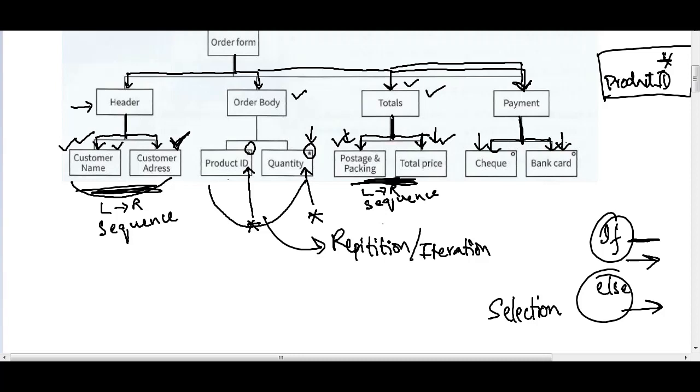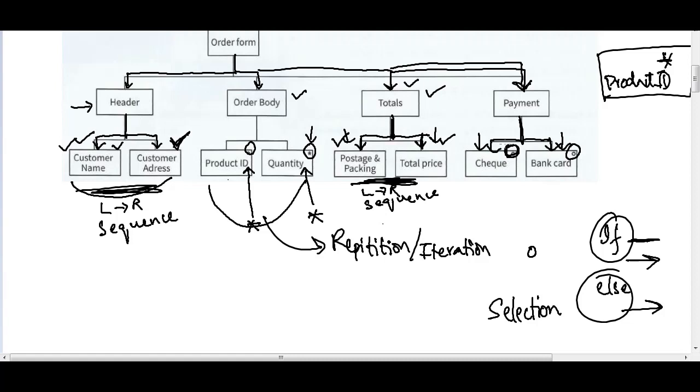Therefore, to show that a selection is going on here, where we are either going for the check option or the bank card option, a circle is used. Now this here is where he's drawn a circle, but you may not be able to see it because it's been drawn very small, and this here is also a circle indicating that a bank card may be selected or may not be selected, or a check may be selected or may not be selected.